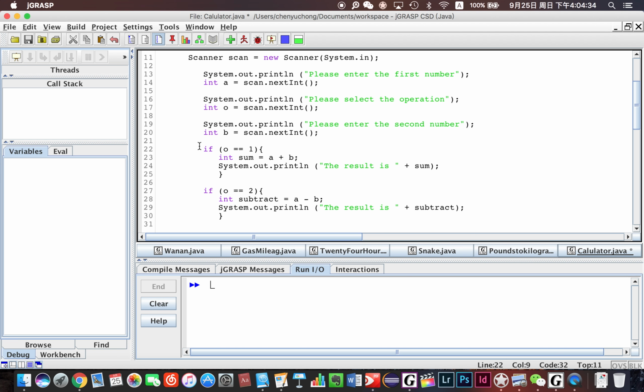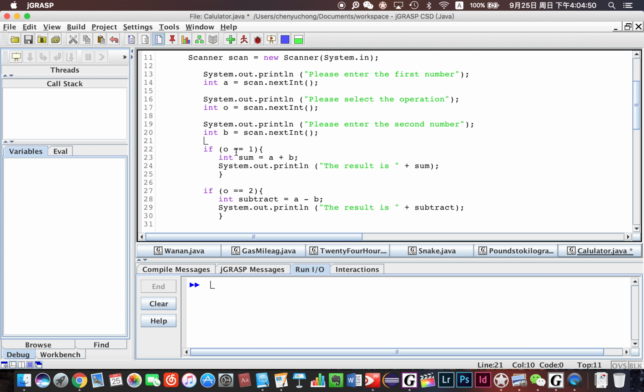So here, we use the if statement to determine that if the user entered 1 when we're asking for the operation, that means he wants us to add these two numbers here.